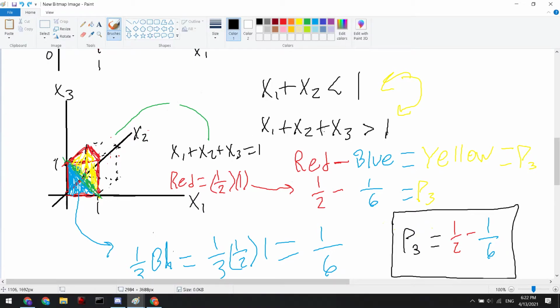And the blue I have is actually when x1 plus x2 plus x3 is less than 1. That is the blue.